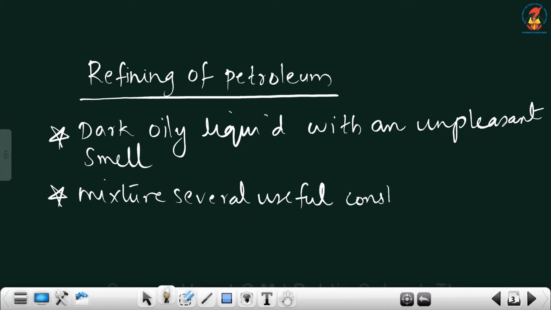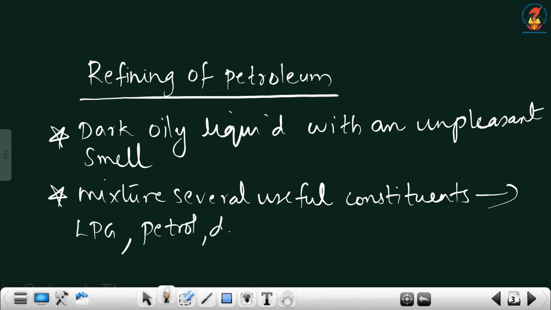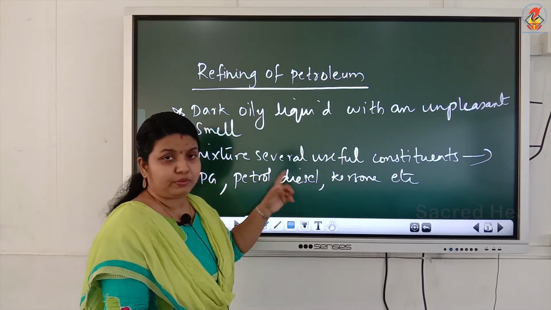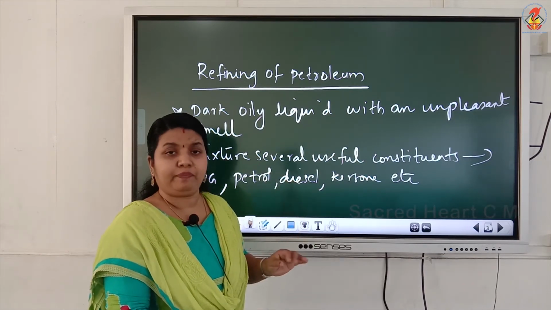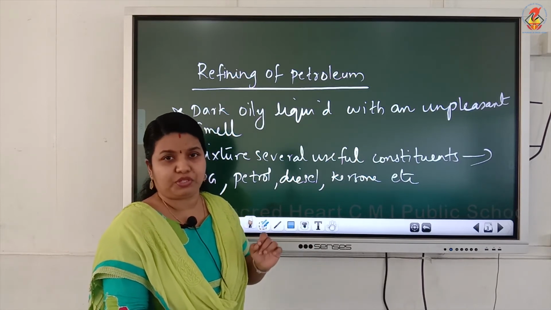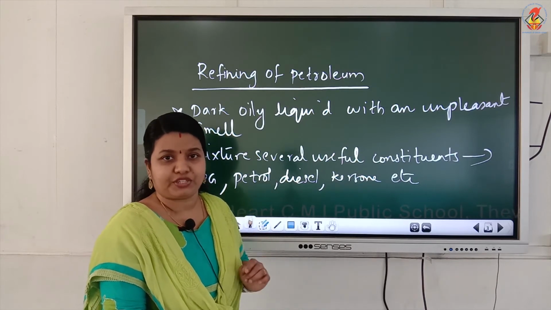Components like petrol, LPG, liquefied petroleum gas, diesel, kerosene, etc. So, petroleum is a mixture of several useful constituents like petrol, diesel, kerosene, LPG, etc. And the process of separating these constituents, we call these constituents of petroleum as fractions.